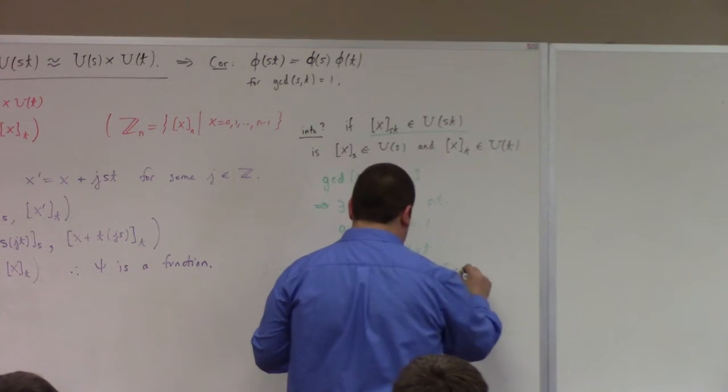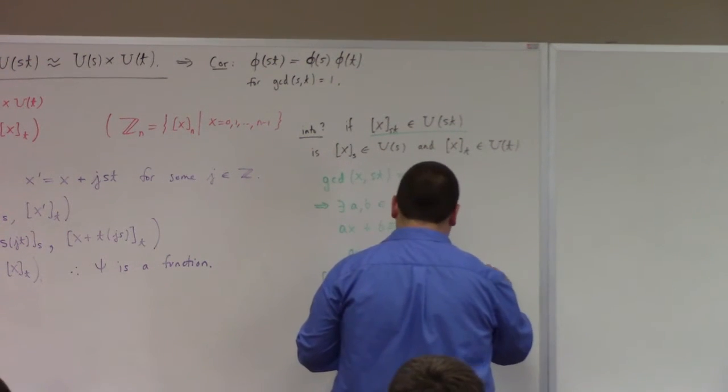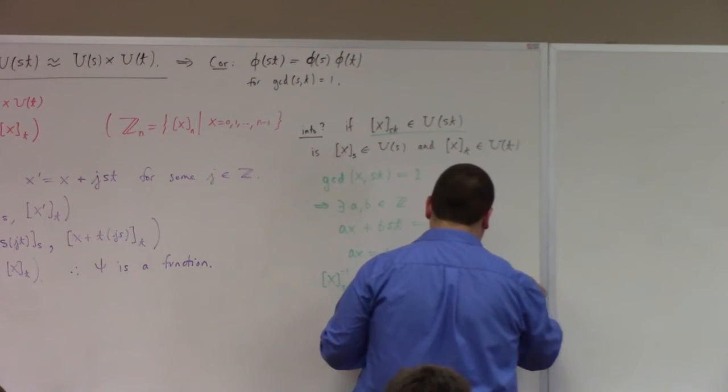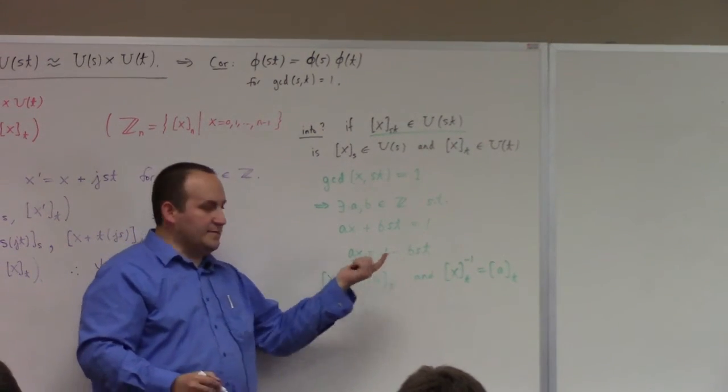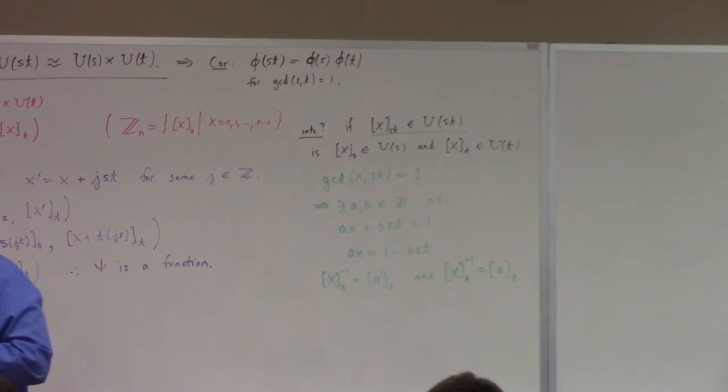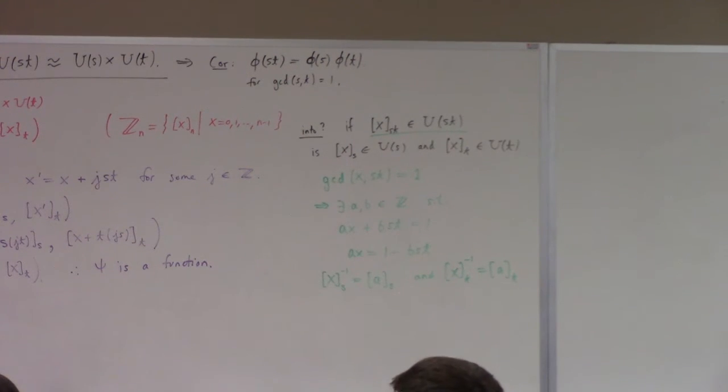And x sub t inverse is equal to A sub t, right? Because this shows that Ax is congruent to 1 mod s or mod t, which is to say that the equivalence class of A is the inverse of the equivalence class of x, right? Which shows that x is in U sub s or x is in U sub t. So the map's into.